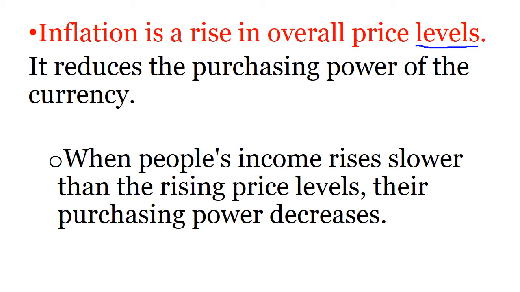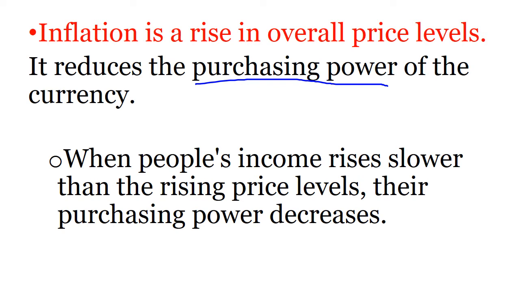The other really key part of inflation is this idea of purchasing power. Purchasing power is how much your money buys. So a $1 bill in 1940 and a $1 bill now. Do they have the same purchasing power? Can they buy the same amount of stuff? No, because we've had slow inflation in those decades since then.